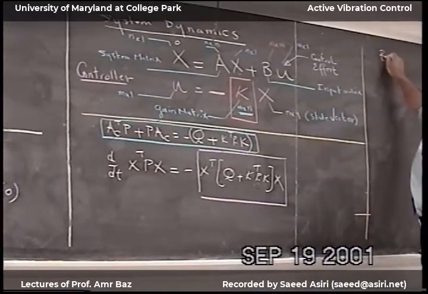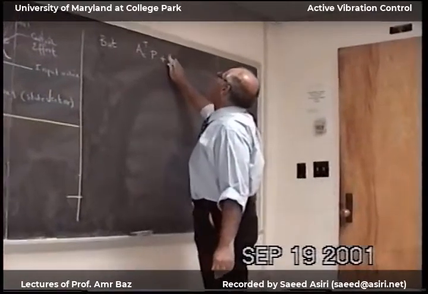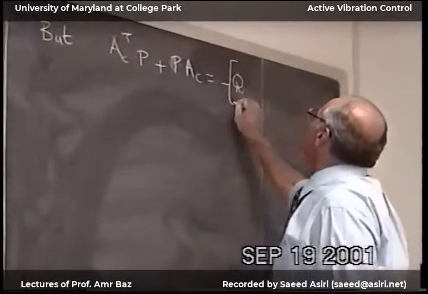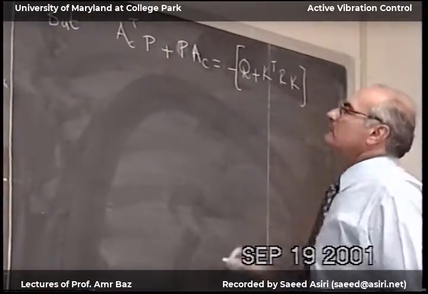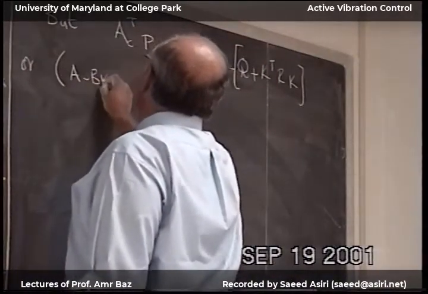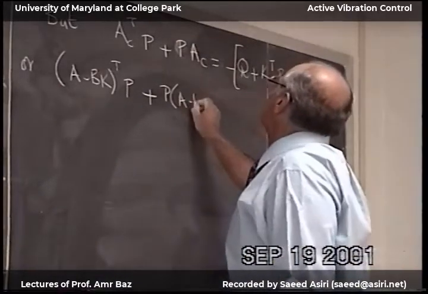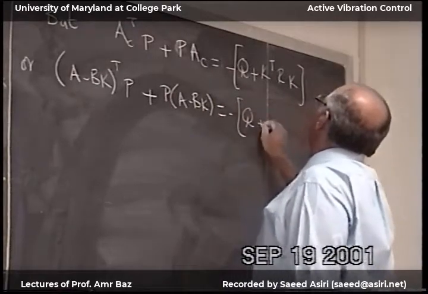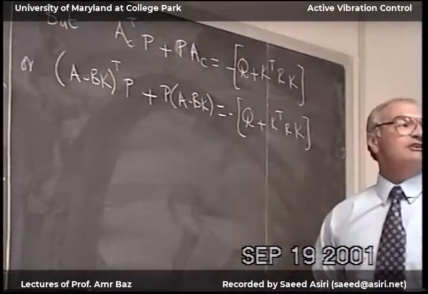I will say here, AC transpose P, AC is equal to minus... or this will be A minus BK transpose P is equal to minus... Then I'm going to get the variations now.